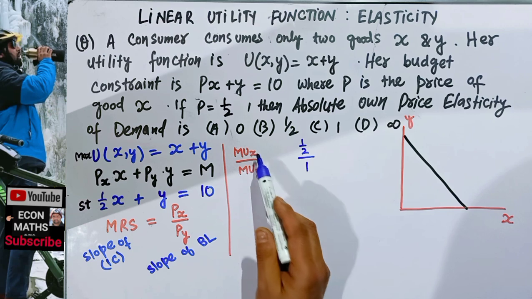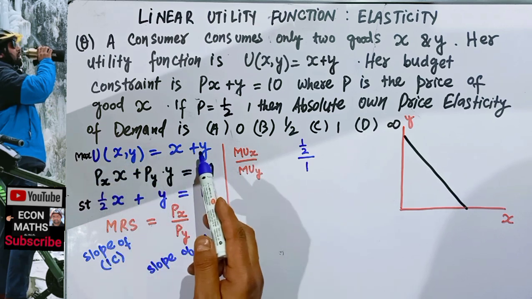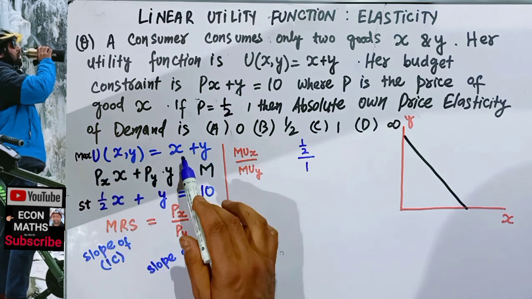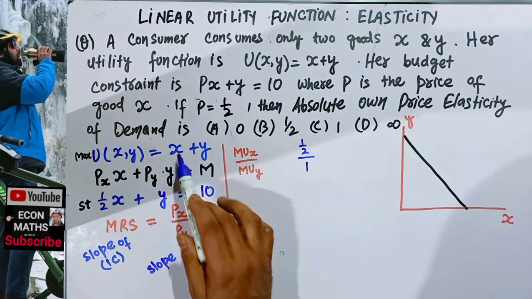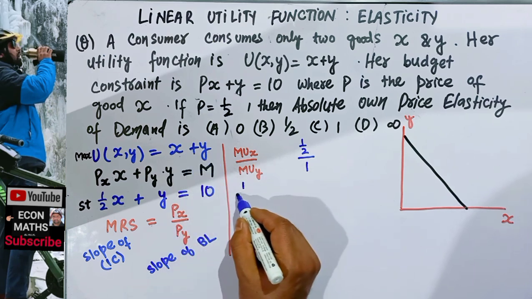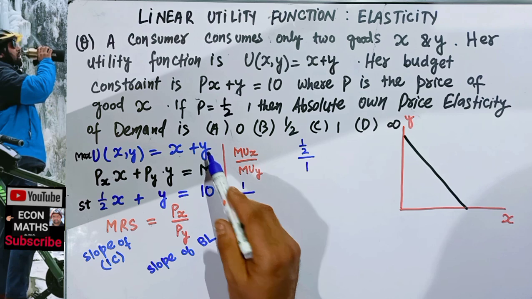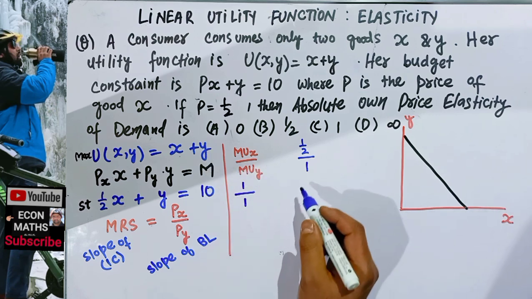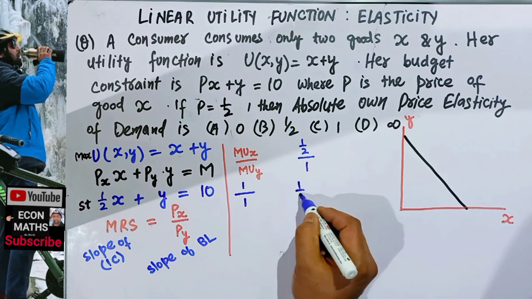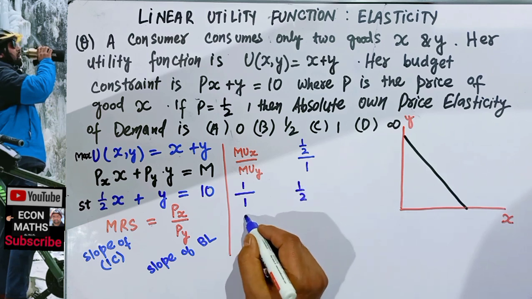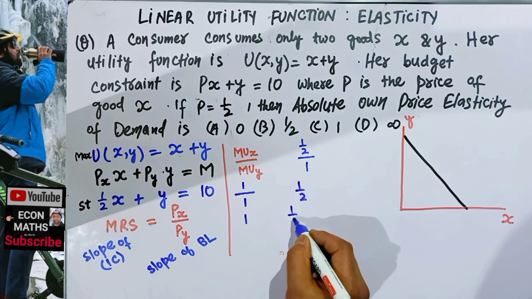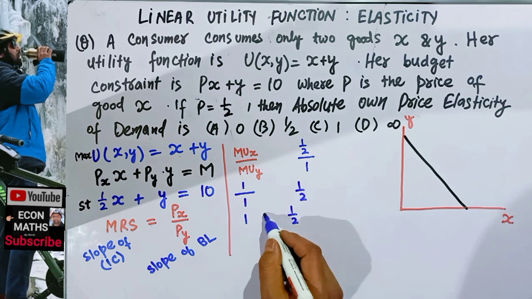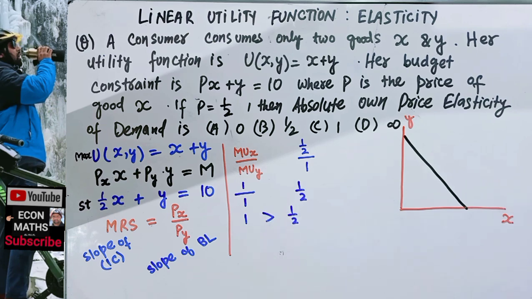Marginal utility of good x means the partial derivative of this function with respect to x. If I take the partial derivative with respect to x, I will get 1. If I take the partial derivative with respect to y, that is marginal utility of good y, it will come out to be 1. So here we have 1 upon 2. Here we can see 1 is greater than 1 upon 2.